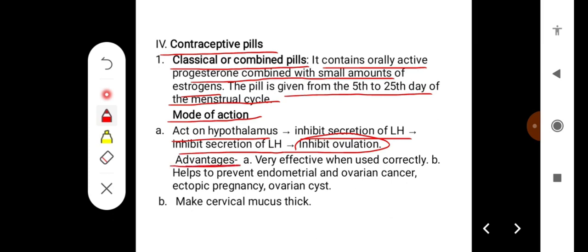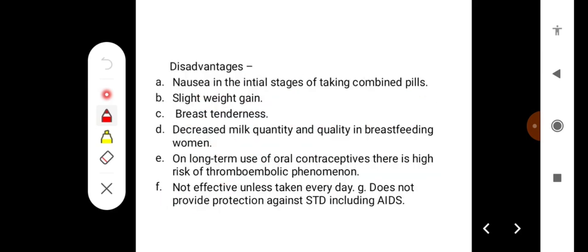Advantages of these contraceptive pills: they are very effective when used correctly, and they help to prevent endometrial and ovarian cancer, ectopic pregnancy and ovarian cyst. And the other method of action is they make cervical mucus thick. Some of the disadvantages of oral contraceptive pills are nausea in the initial stages of taking the combined pills.